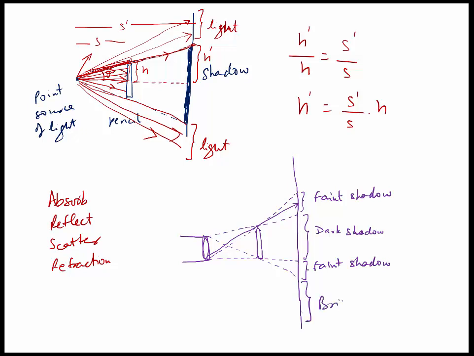So there's going to be light hitting this part of the screen and this part of the screen from the entire light source, so it'll be bright. Okay, so now the shadow will be a fuzzy shadow with a fuzzy outline. The only difference between a sharp shadow and a fuzzy shadow is that the light source is a point source versus an extended light source.